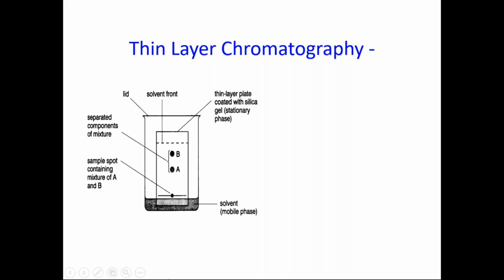So initially, the sample is spotted 1 centimeter away from the edge of the plate, and you should make sure that your spot line is not immersed into the solvent. If it is immersed into the mobile phase, your spot will go backward.